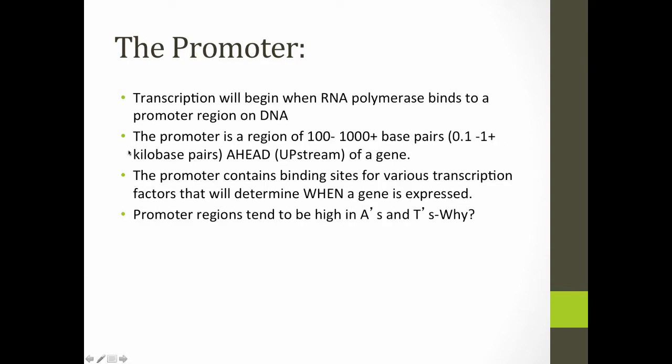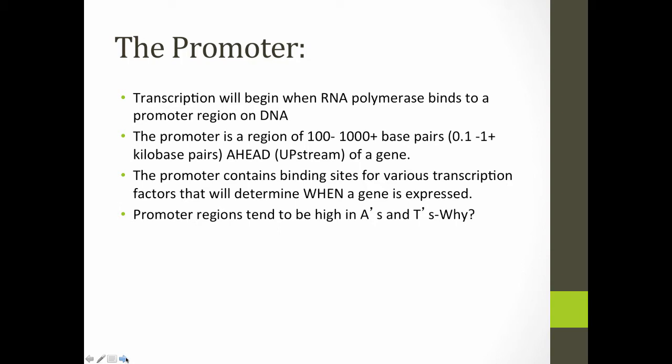So I mentioned that the area where RNA polymerase binds is called a promoter, and a promoter does what it says. It promotes transcription. So it's between 100 to 1,000 base pairs upstream, so before the gene, and it contains binding sites for different transcription factors and binding sites that are recognized by RNA polymerase in general.